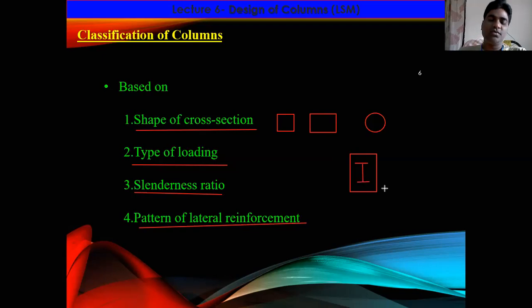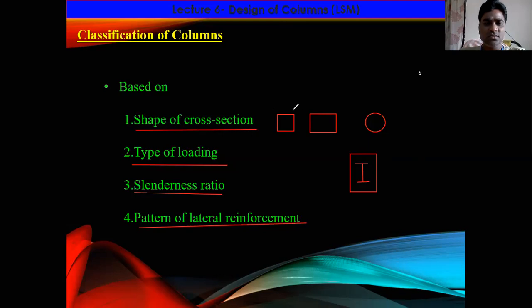Generally, this type of composite column is used in industrial buildings, where the loads are very high. In those cases, you can go for a composite section. These are the common types of cross sections which we are going to use in the field.